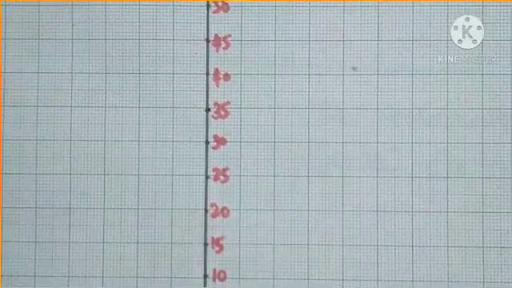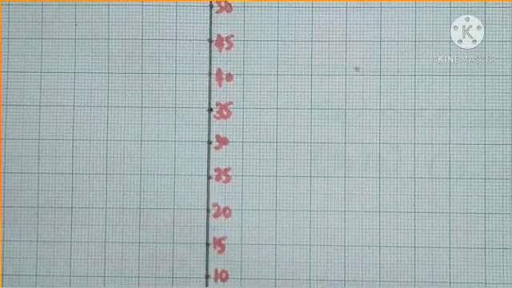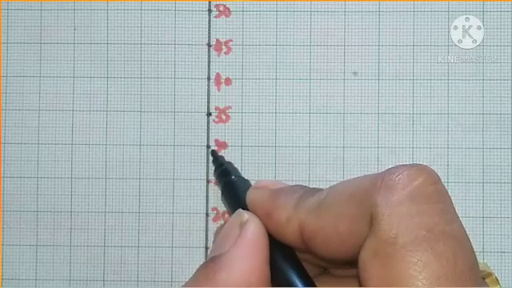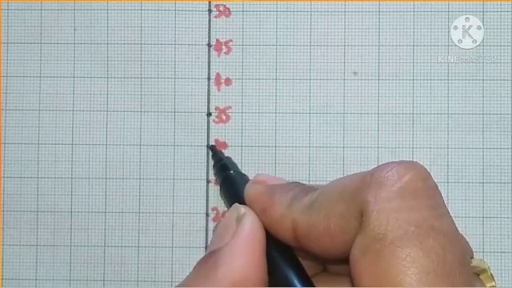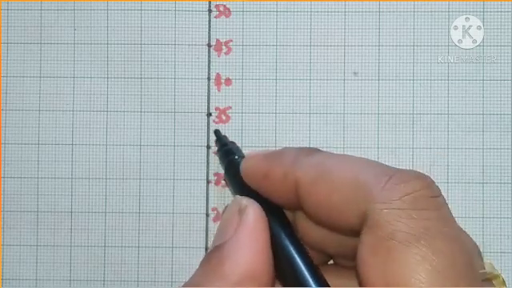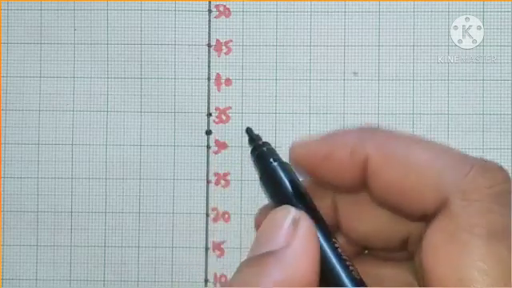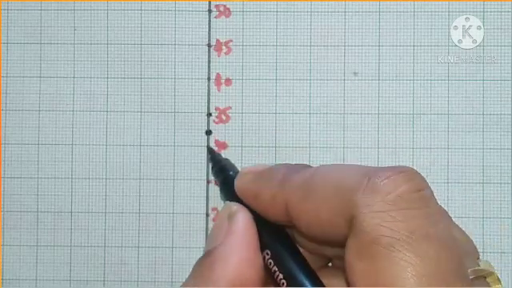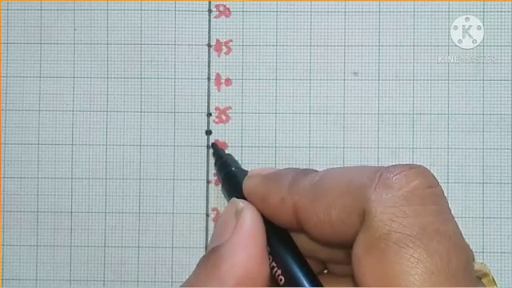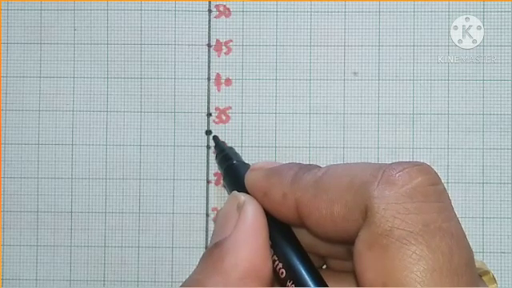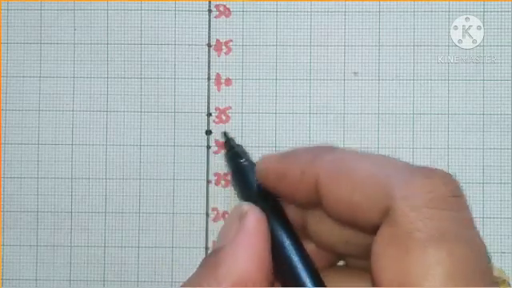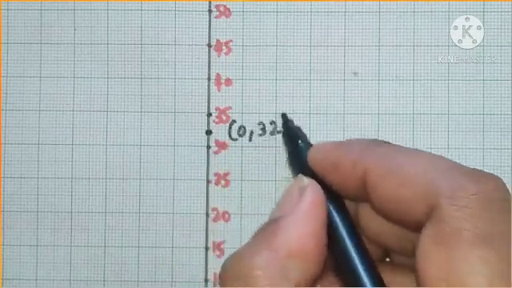One small line is 0.5. So after 30, the next small line is 30.5, then 31, then 31.5, then 32. So this is the point 0, 32.